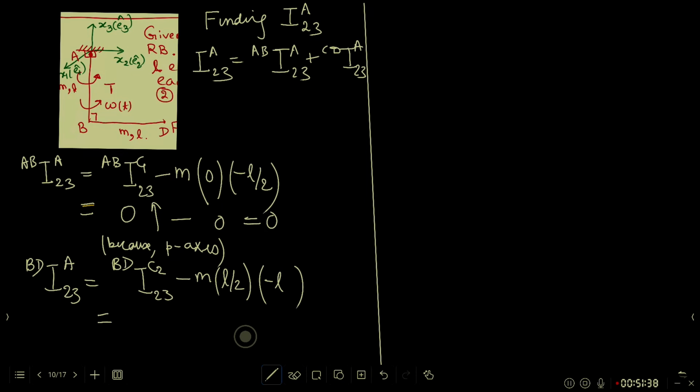Okay, so this is known, this is known. I get IA23 as 0 plus ml square by 2, ml square by 2. So IA23, 13 and 33 are all now known.